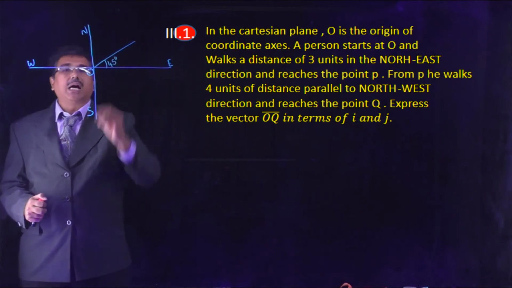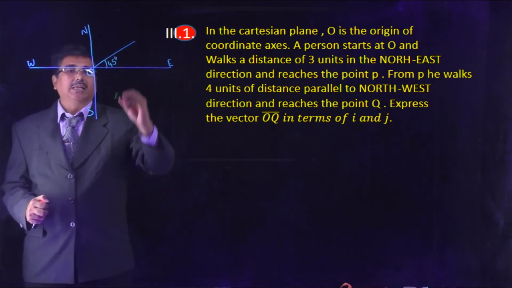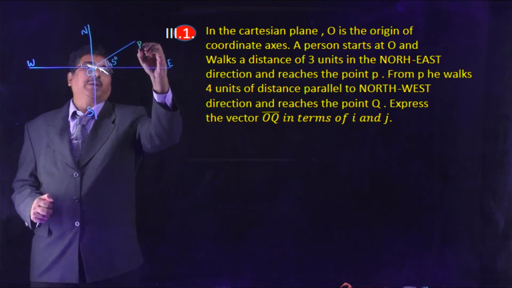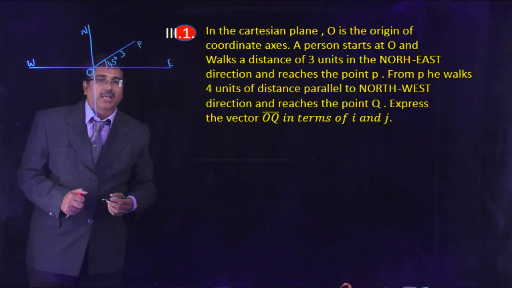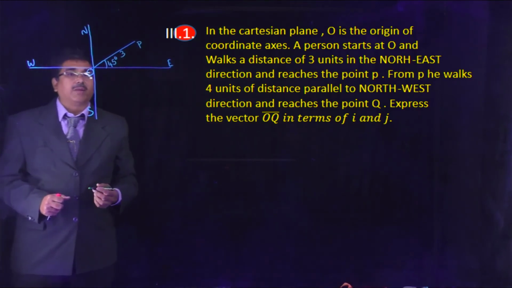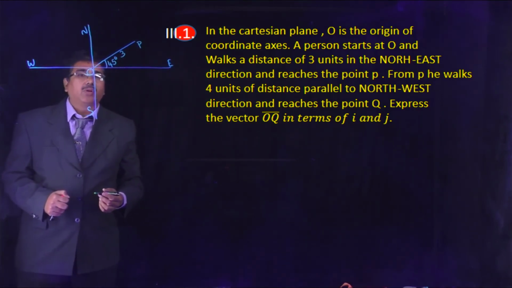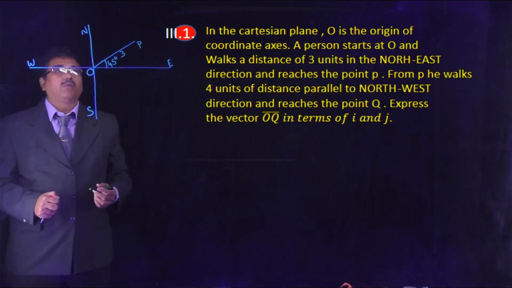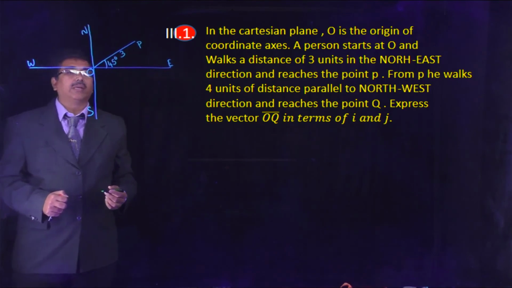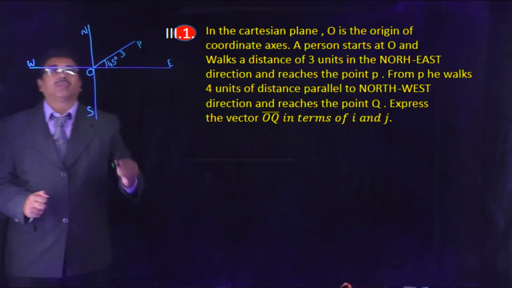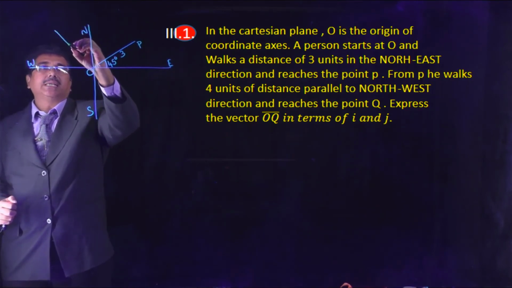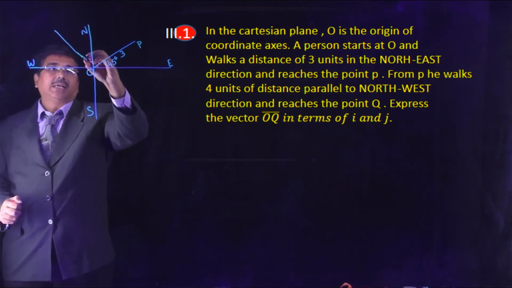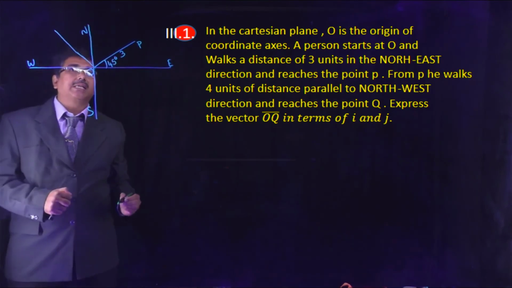This is the northeast direction and reaches point P. This is distance 3 units, right? Now, from P, he walks 4 units of distance parallel to the northwest direction. Okay, this is the northwest direction.